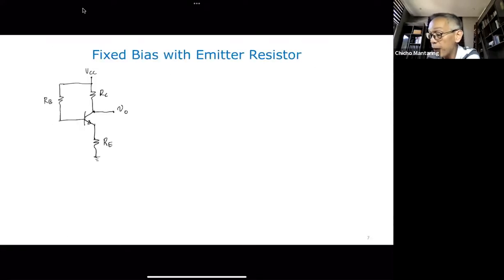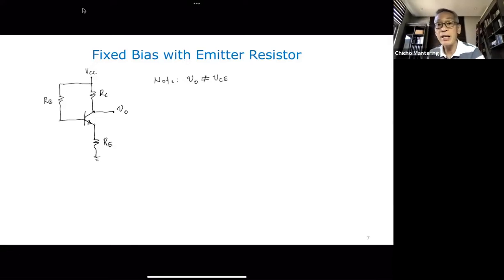So this is now our fixed bias with emitter resistor. It's the same thing. You can apply your input to the base by capacitively coupling it. Note now that V sub O is no longer equal to VCE. Let's take a look at why this circuit is actually more stable.